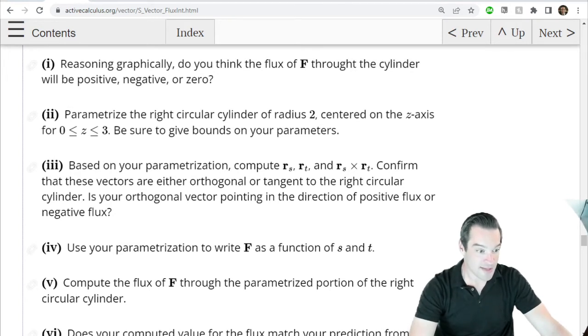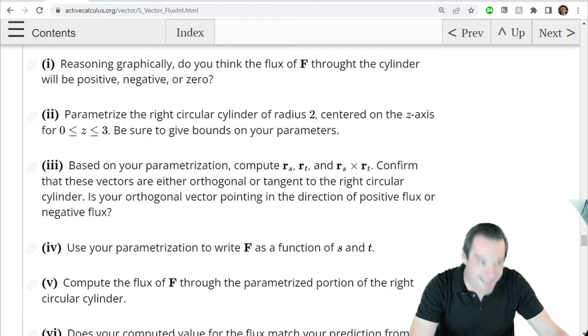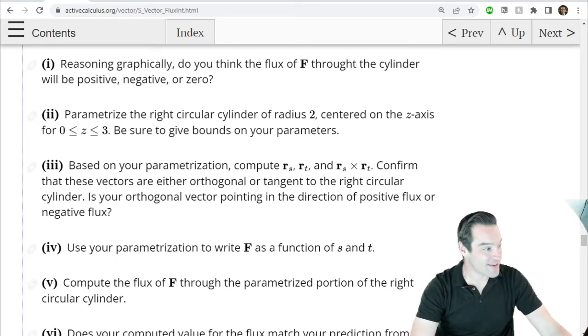I speak in long sentences sometimes, so I apologize. That was probably much longer than a sentence should have been. But anyway, let's take a generous 15 minutes, maybe longer, to do the work on the direct evaluation of this flux integral.